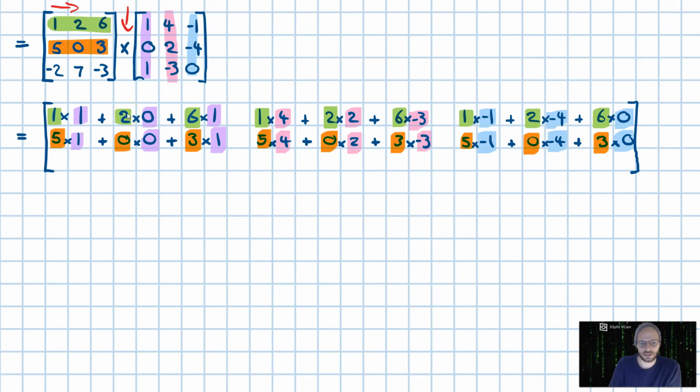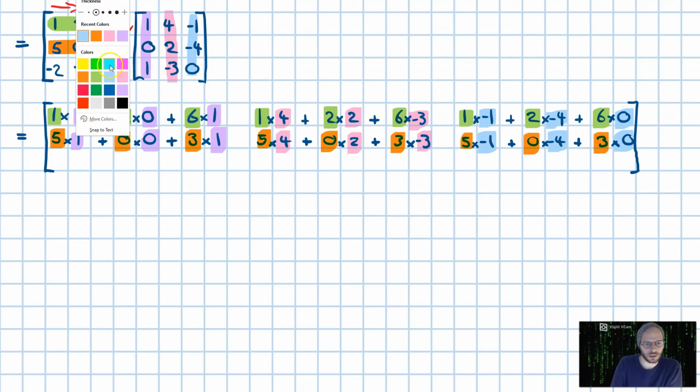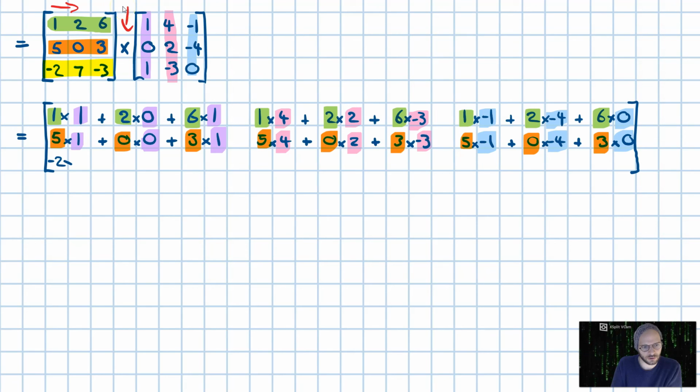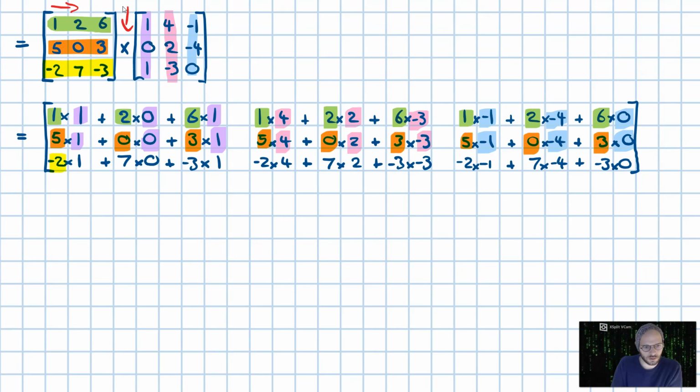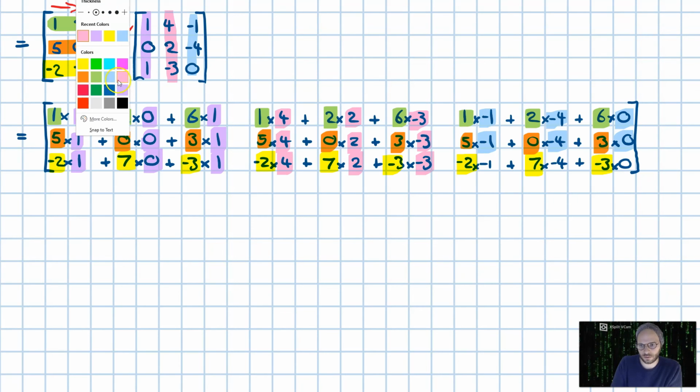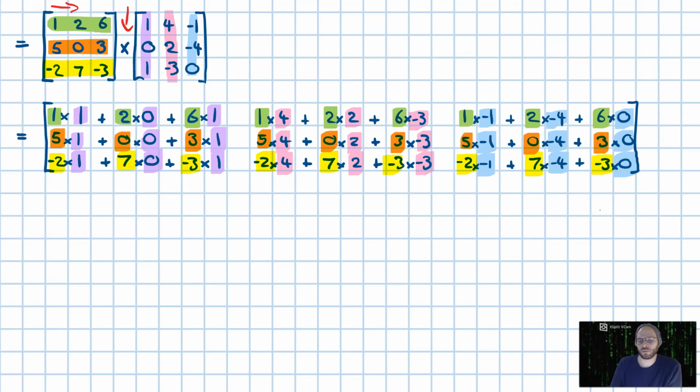So hopefully by now you're starting to see a pattern emerge. Now we're going to go negative 2 times 1 plus 7 times 0 plus negative 3 times 1. Alright, and what we've got are all of the calculations we need to perform to be able to calculate each individual element.